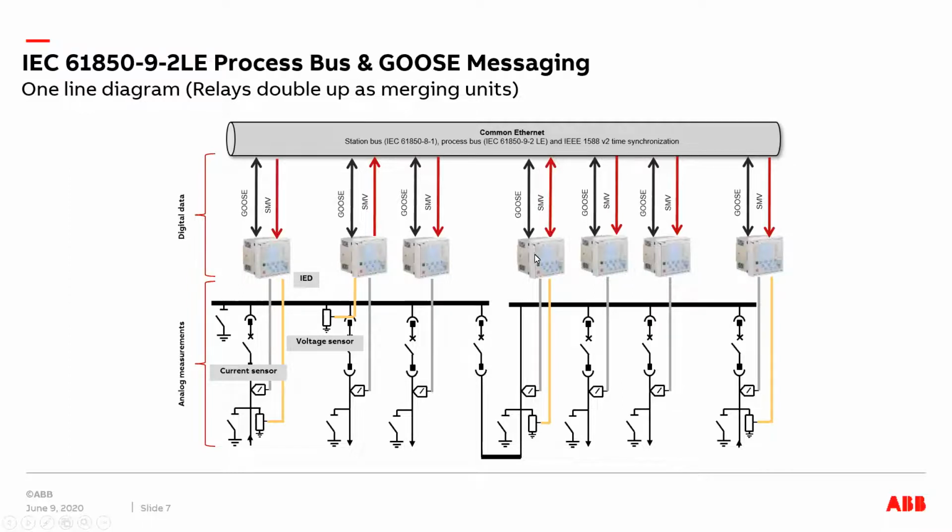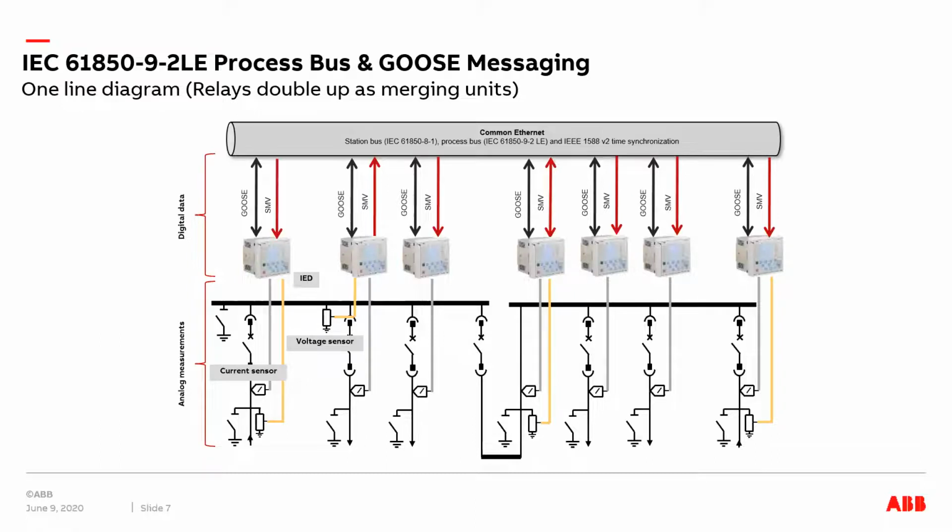And then that information is used for check sync application. So it uses the check sync application, one from the directly wired voltage, other from the sample value. So this is how the sensors in conjunction with sample value sharing makes the panel design much more efficient.